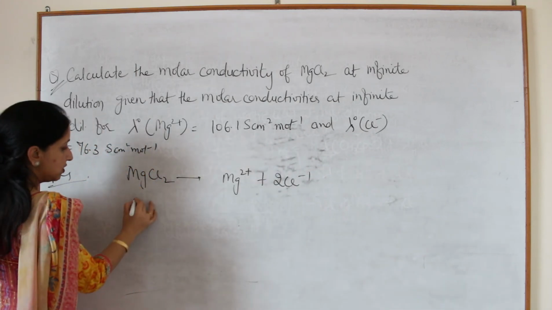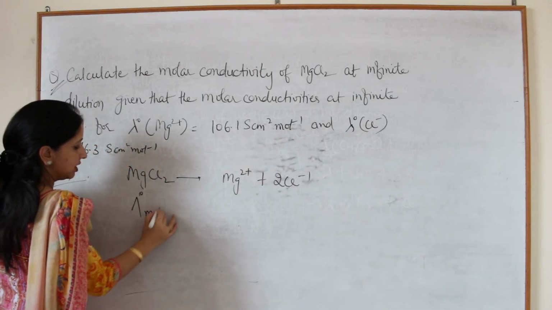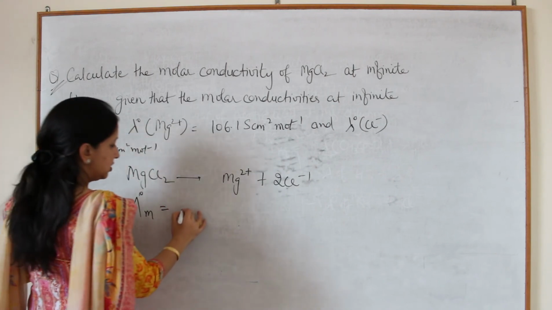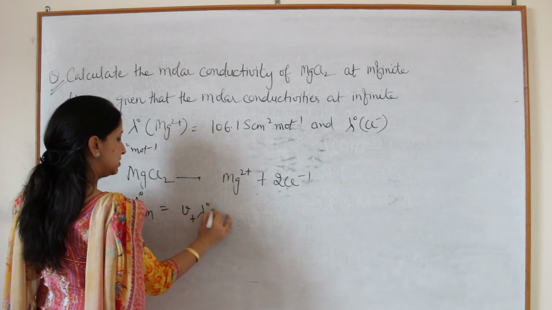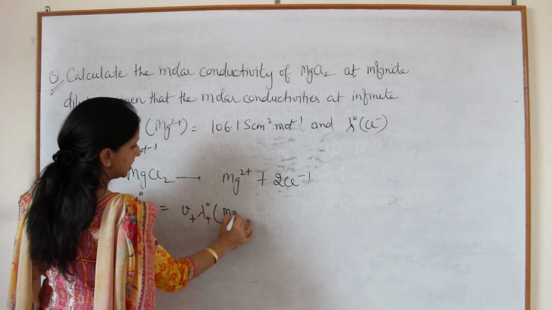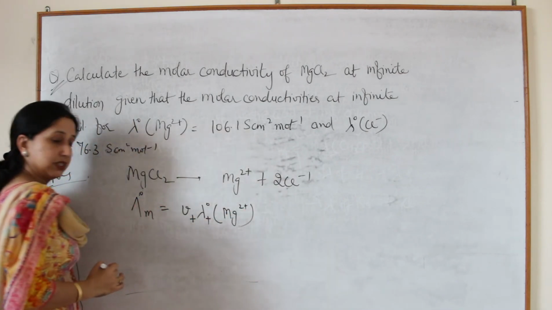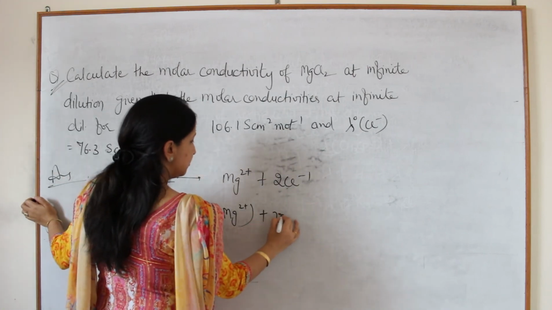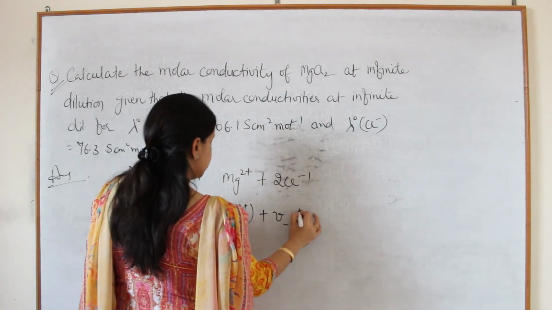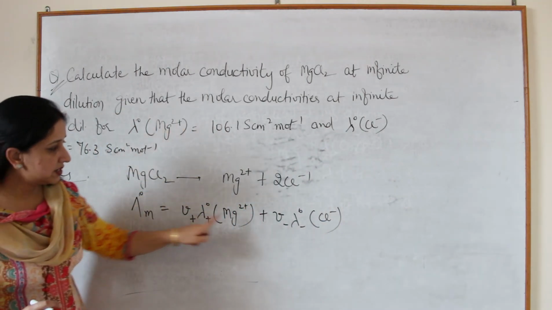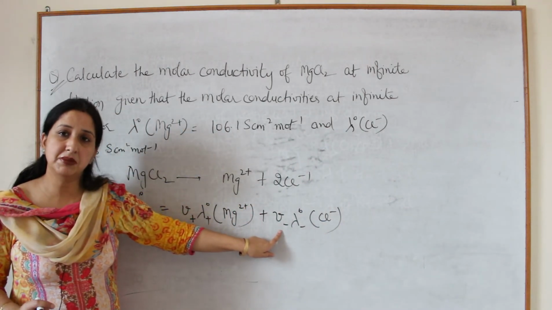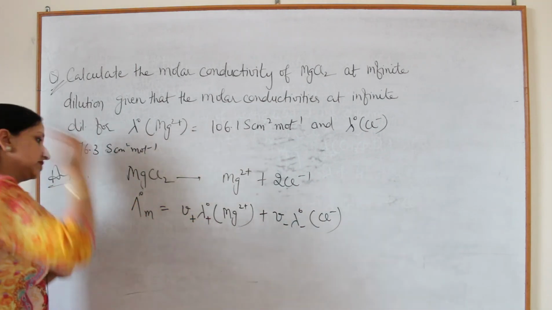According to Kohlrausch's law, lambda naught m is equal to V positive into lambda of the cation, that is Mg2 positive, plus V negative into lambda of chlorine negative. What are V positive and V negative? These are the number of cations and anions.